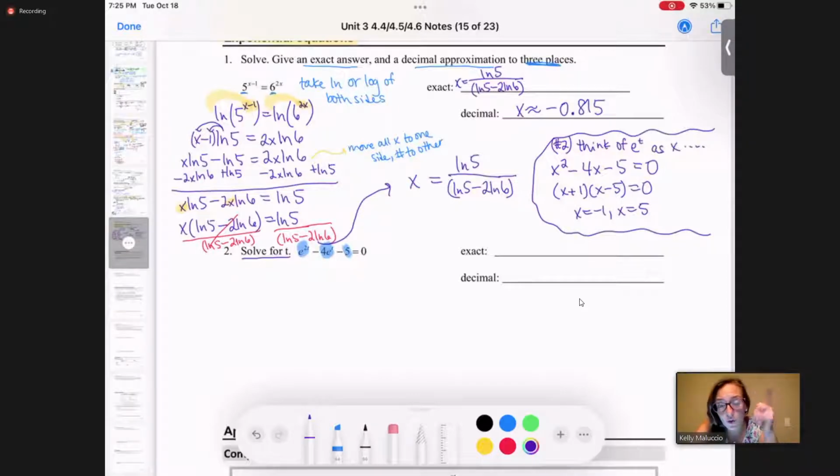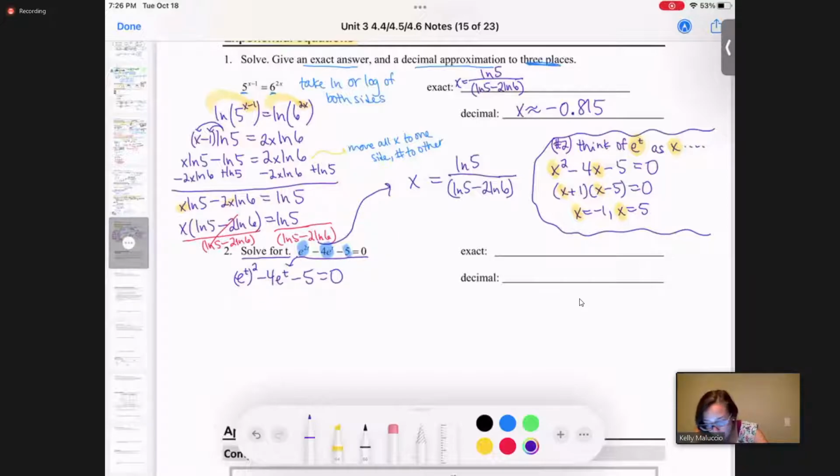Now, a trick for you, we can also do this with e to the t. We can literally replace x with e to the t. So all of these x's are e to the t's, and then we solve for t by using our natural log. So let me write this out now in the problem. If I think e to the t squared minus 4e to the t minus 5 equals 0, I just rewrote my equation, right?